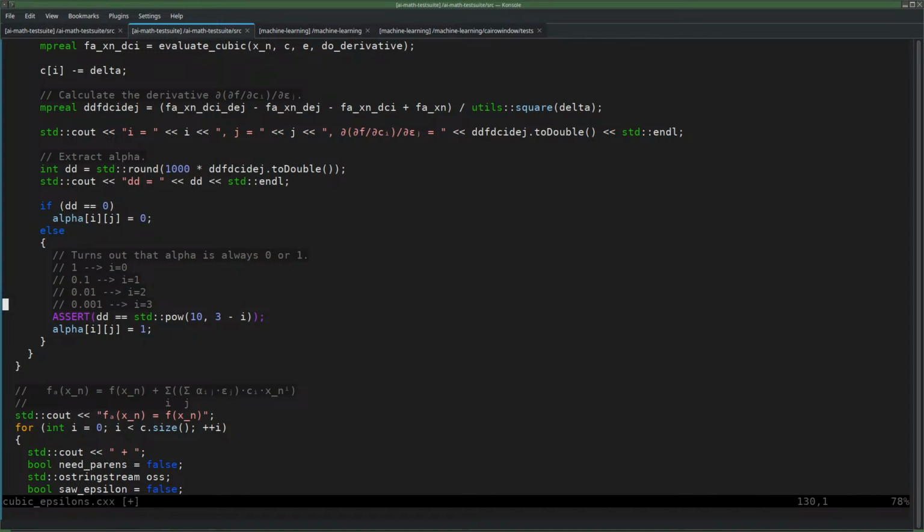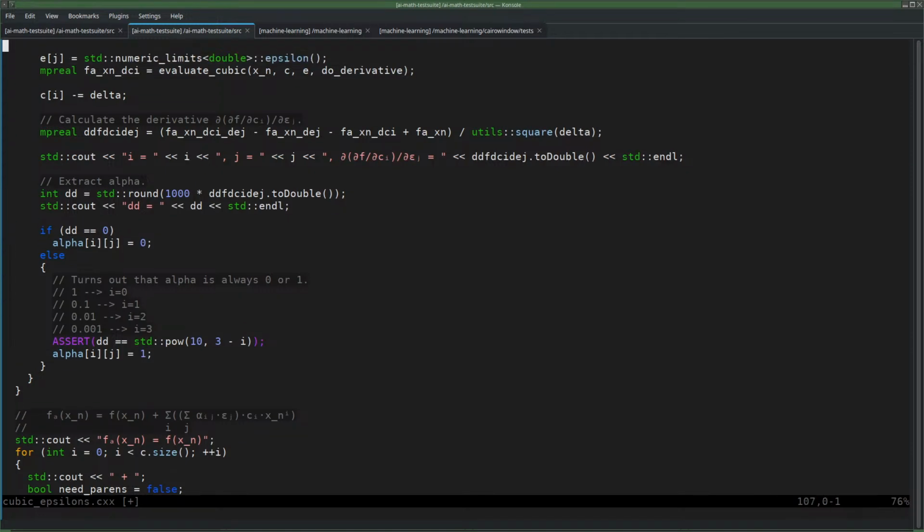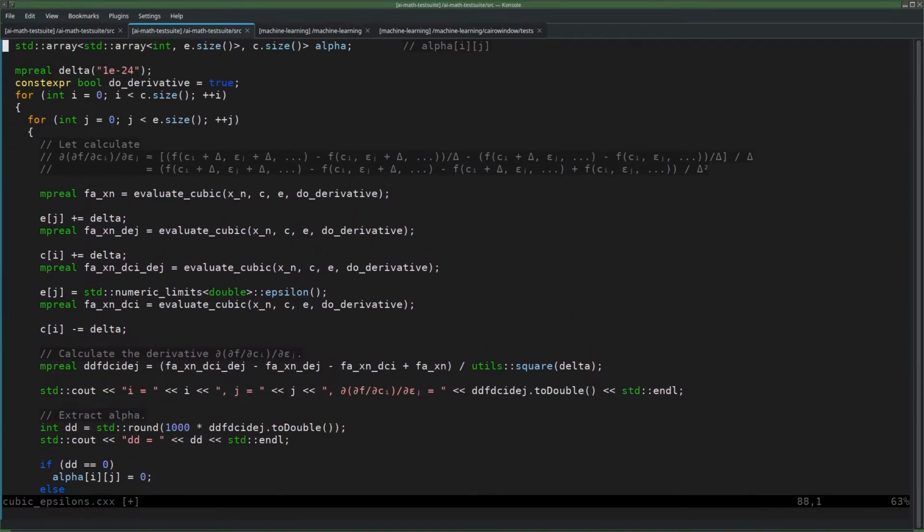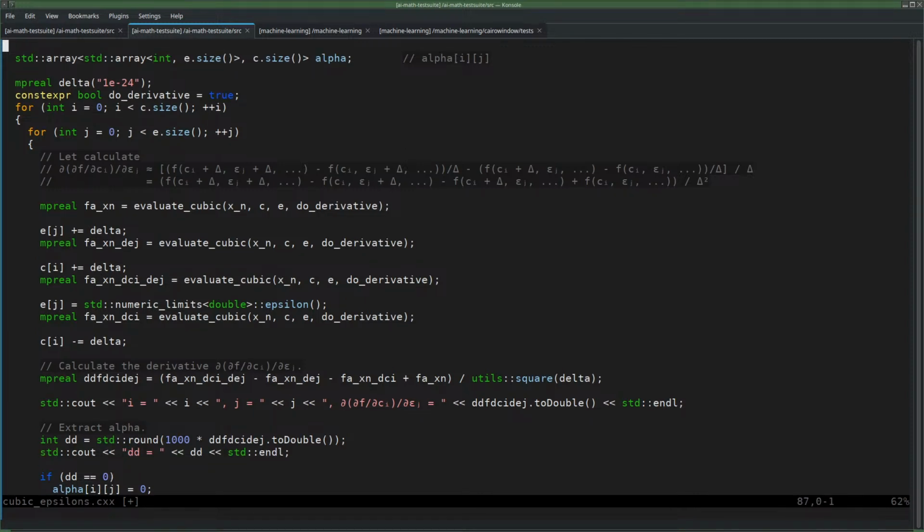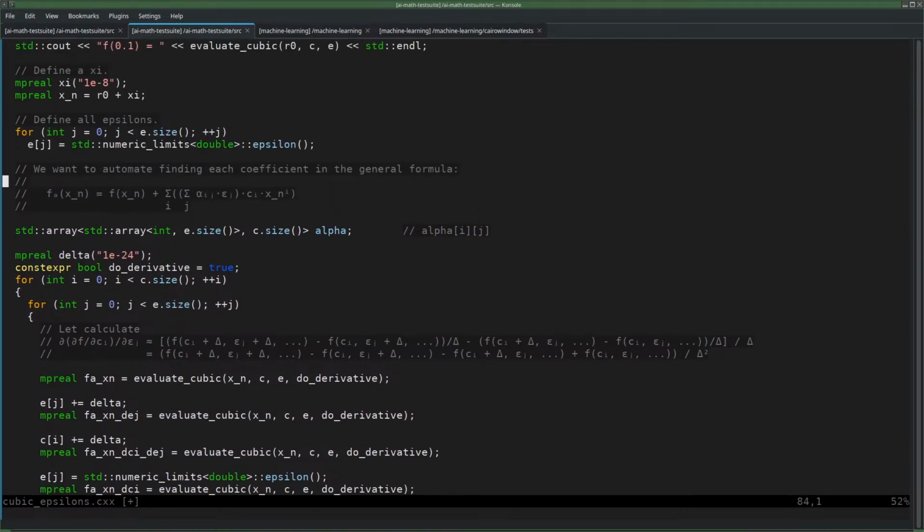Except that I don't for the derivative. See, my formula is wrong now. Here we assume that here being my sigma thing here, we assume that this index here is equal to that power, which is no longer true for the derivative.